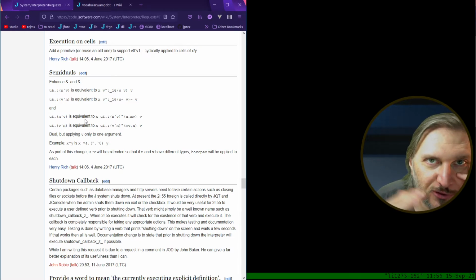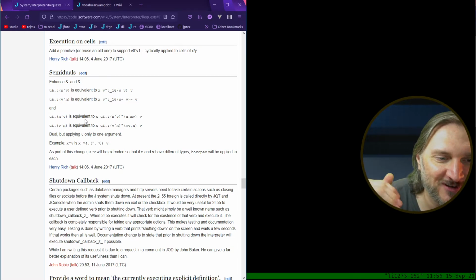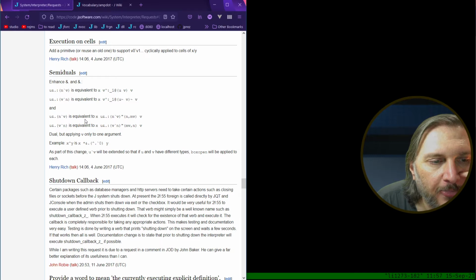Or you can have a rank for either argument. You can have the right-hand argument rank and the left-hand argument rank. You can never raise the rank of a verb.